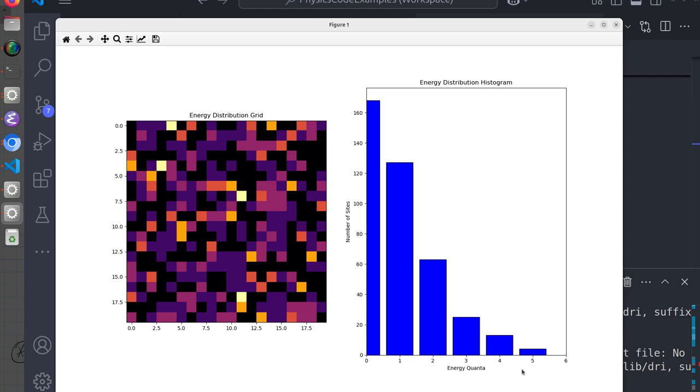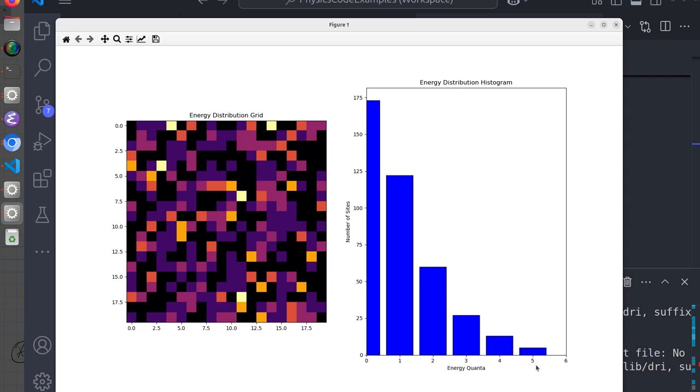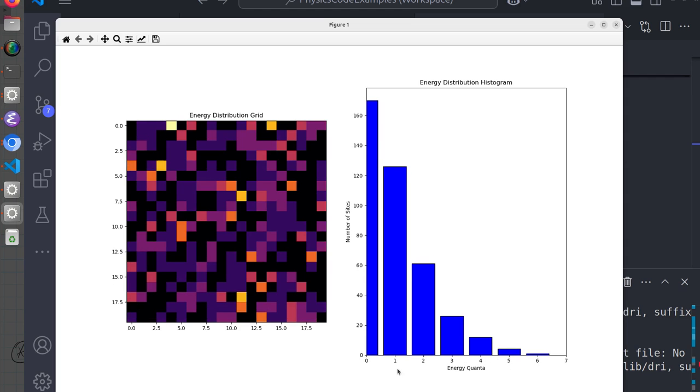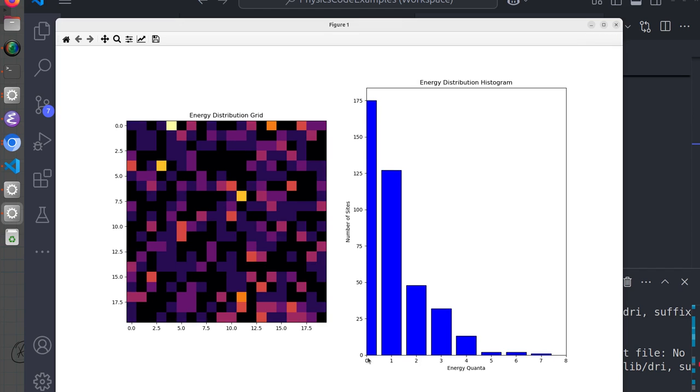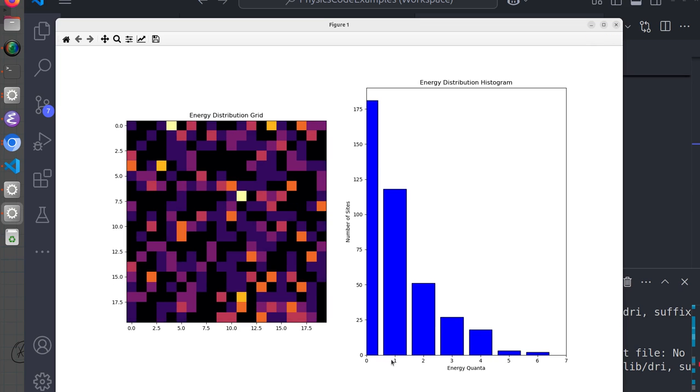Yeah, so you can see the horizontal axis is the energy quanta, and the vertical axis is the number of sites. This histogram in blue is showing the number of sites with 0 quanta, the number of sites with 1 quantum, the number of sites with 2 quanta, 3 quanta, and so on.